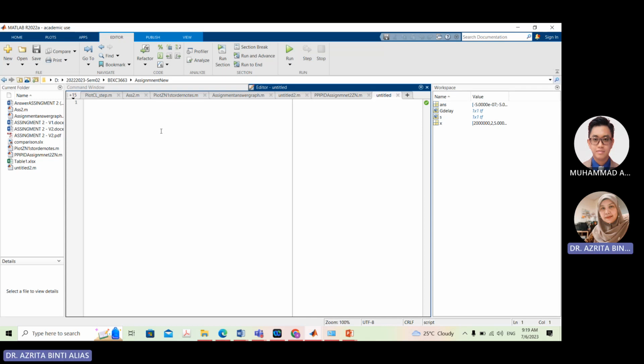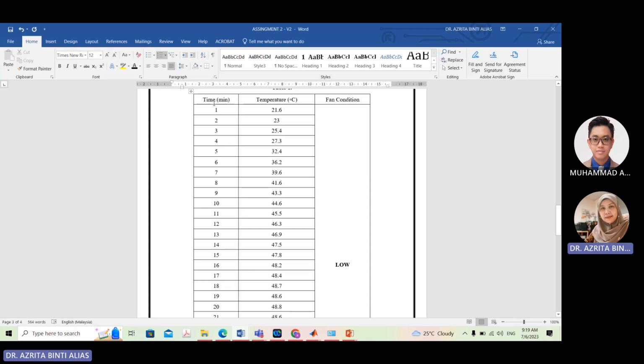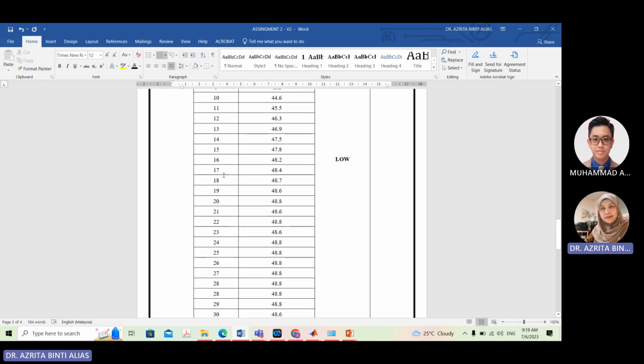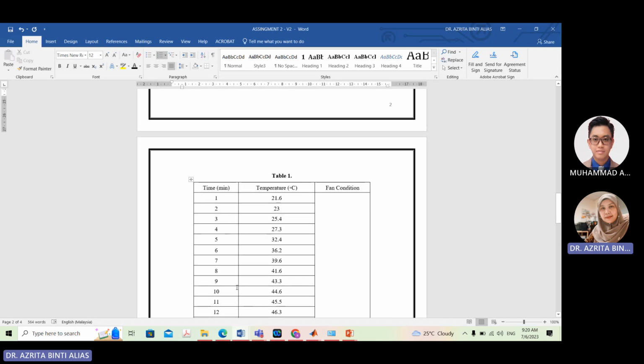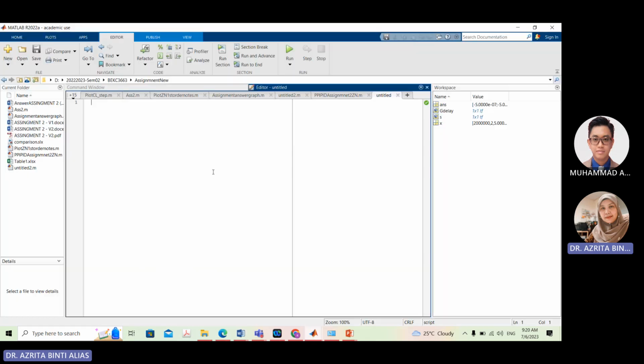Since we want to plot the graph, we need data of T and the amplitude, or temperature. First our T from this table: T starts from 1 until 40, increasing 1 by 1. So we just declare our T as 1 until 40.